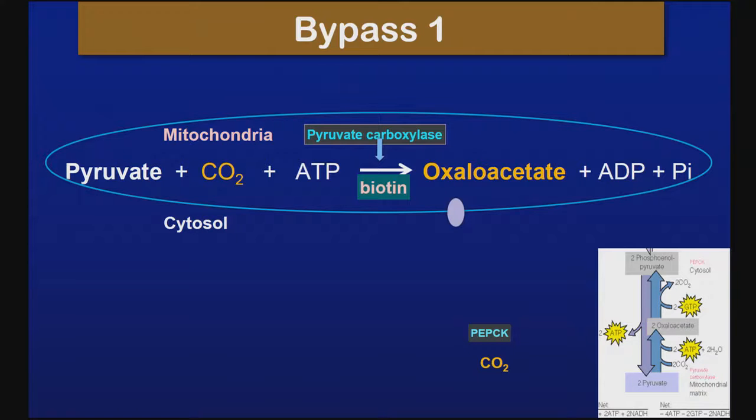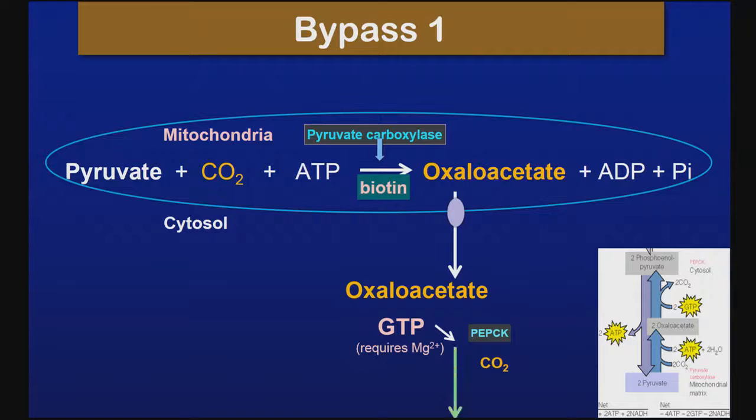That occurs in the mitochondria, so there are specific transporters that carry the oxaloacetate outside. Now the oxaloacetate can be acted on by a second enzyme, the phosphoenolpyruvate carboxykinase, PEPCK. PEPCK then converts the oxaloacetate to phosphoenolpyruvate.